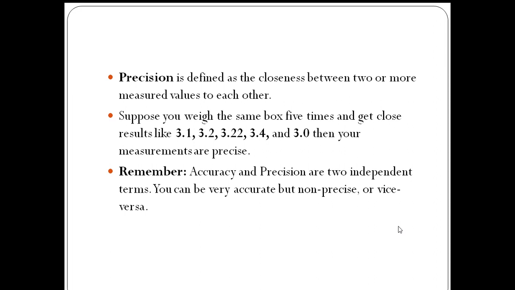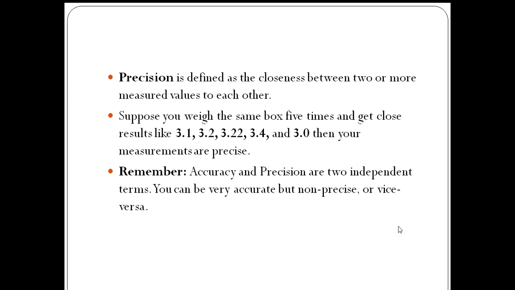Precision means the repeatability of the instrument. Suppose we got a reading, and next we measure the same quantity with the same instrument and get a reading which is closer to the first, then we can tell the machine is precise. The measurement is precise.